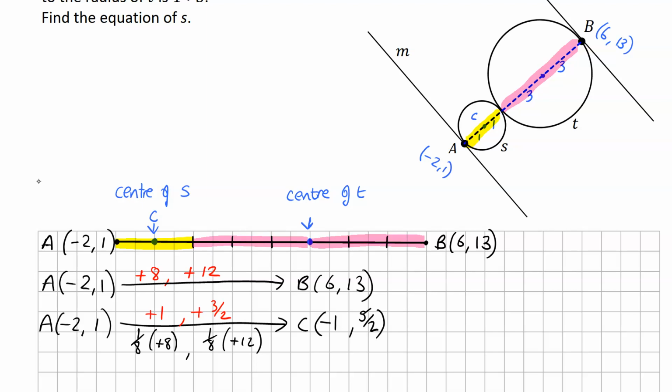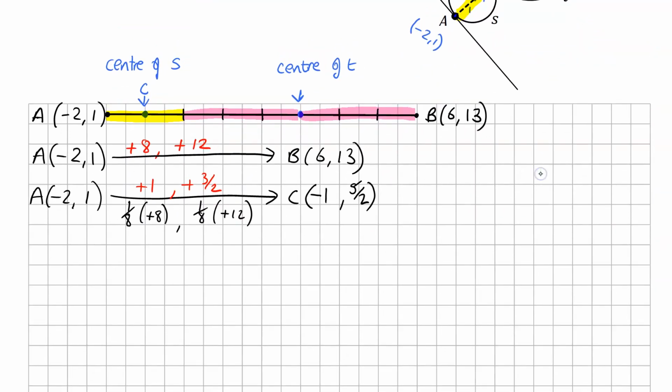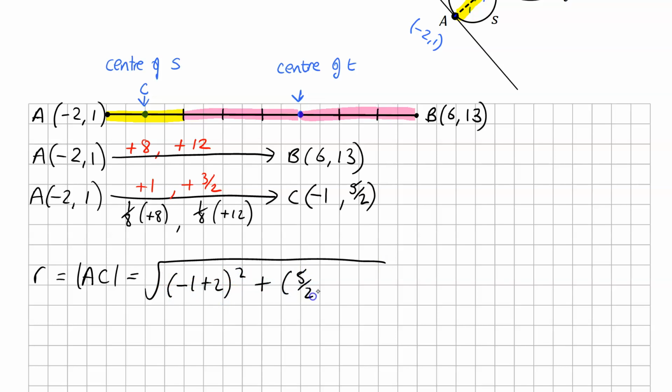So what I need to do now next is I need to get the length of the radius. Now, don't be thinking the radius is 1. That's just the ratio. Okay, so to get the length of it, we will get the distance from A to C. So the radius is equal to the length from A to C, which is equal to, filling into our distance formula, (-1 + 2) squared plus (5/2 - 1) squared, which gives us √13/2.